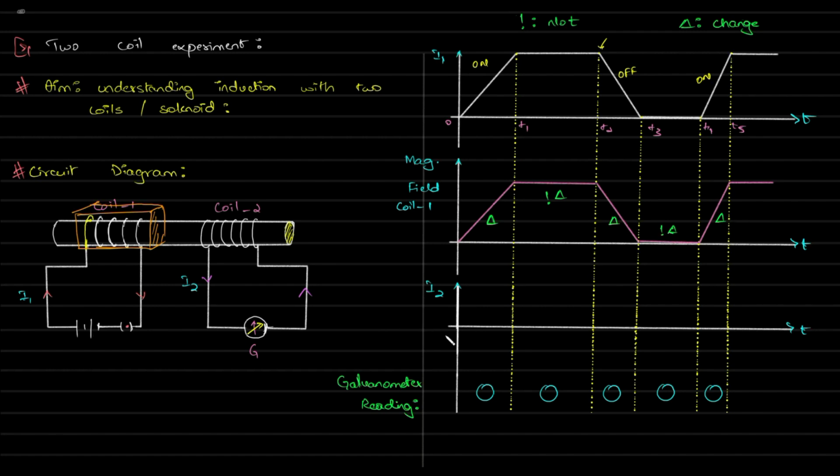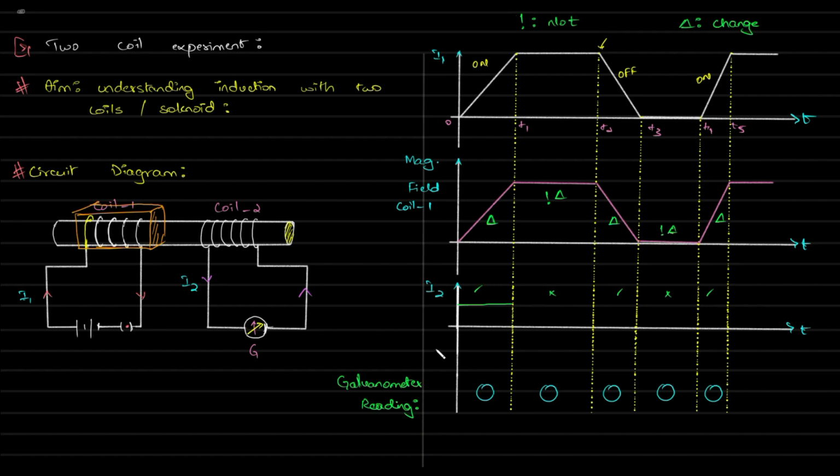So in which time duration will there be induced current in circuit 2? Go back to the idea of electromagnetic induction. What does it tell? Whenever a conductor is exposed to a changing magnetic field. So here from 0 to t1, there is a changing magnetic field. So here we'll have current flow, no current flow, current flow, no current flow, current flow.